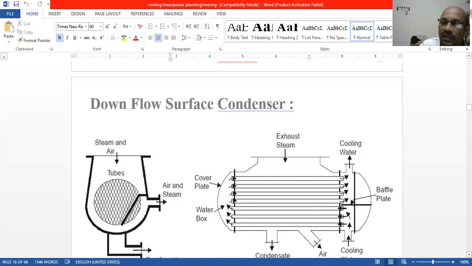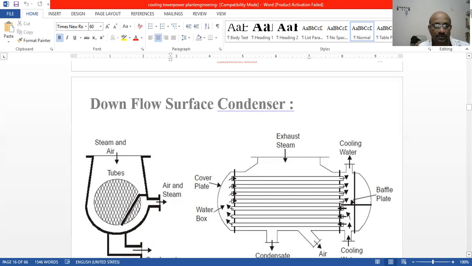That is the main advantage. In the earlier condenser we sent only steam, but here we send both air and steam into the condenser, so almost all the steam is converted into water.